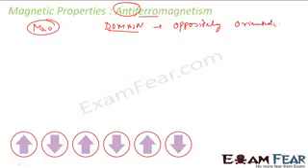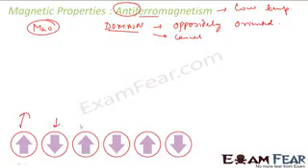Since they are oppositely oriented, they cancel each other. Generally, anti-ferromagnetism is observed at low temperature. So they have domains, but the domains cancel each other, and that is anti-ferromagnetism.